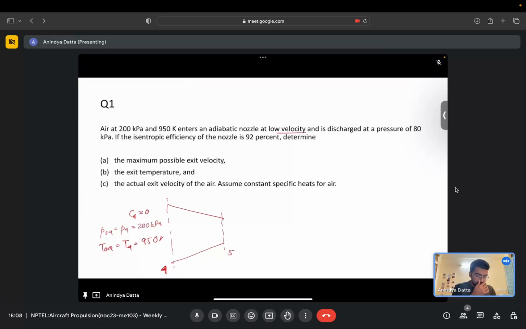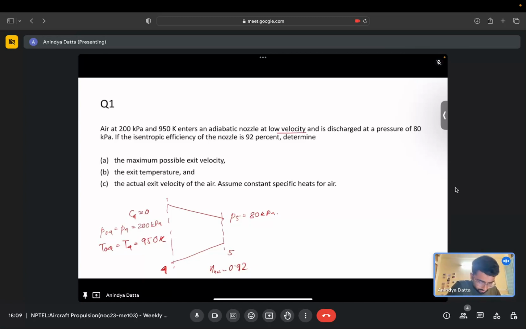This is because the velocity at the entry of the nozzle is very low, so we can assume it to be 0. At the exit we have the static pressure of 80 kilopascal, and the nozzle isentropic efficiency is given as 92%, 0.92. So the first question is what is the maximum possible exit velocity.